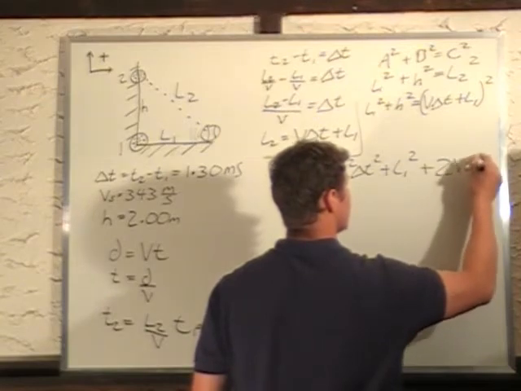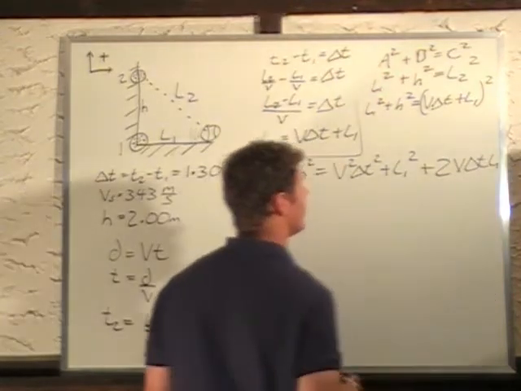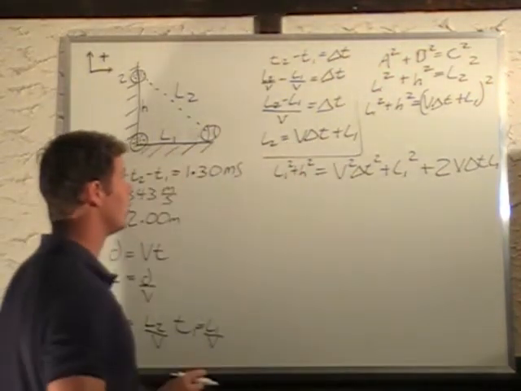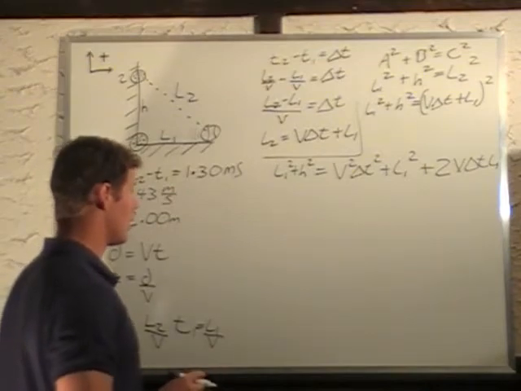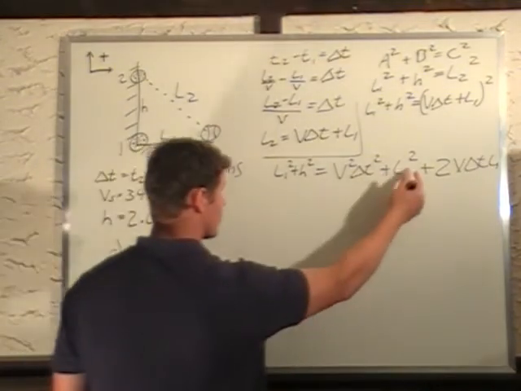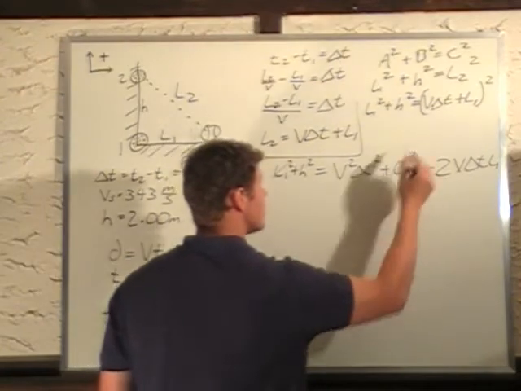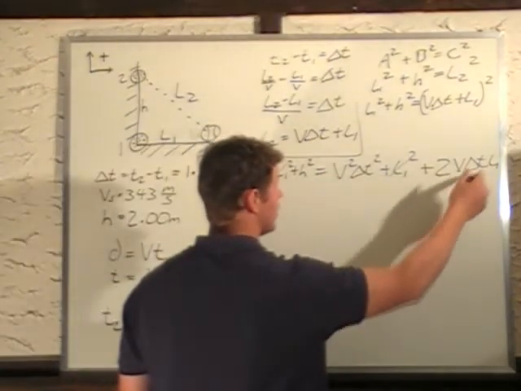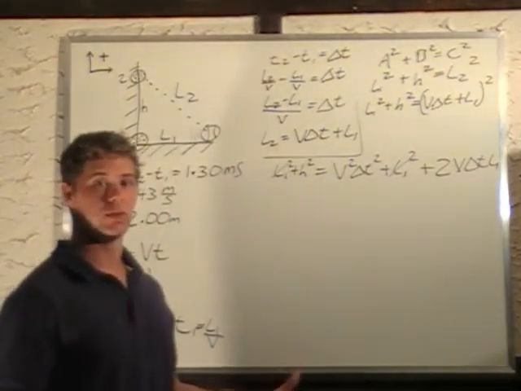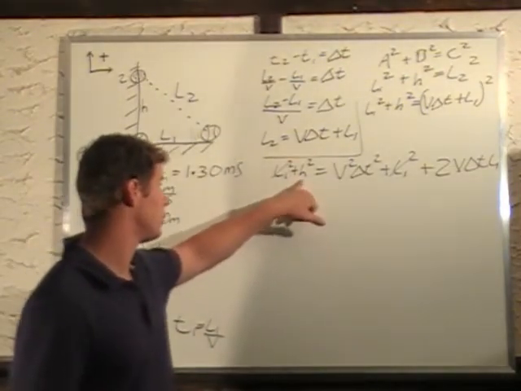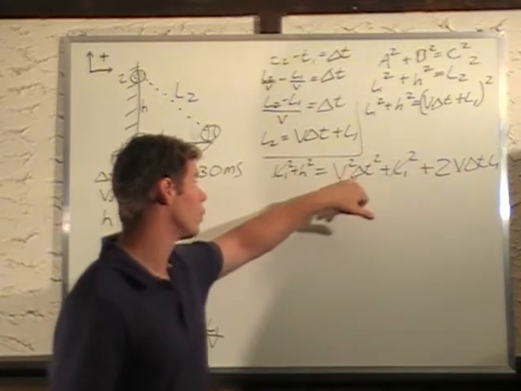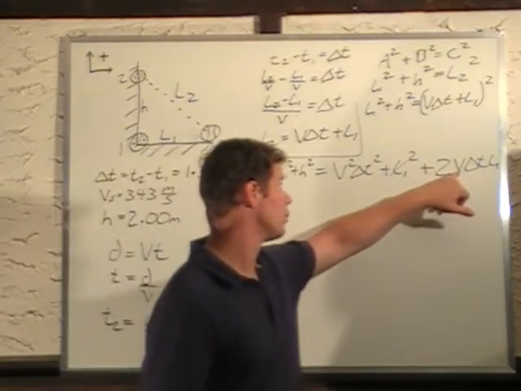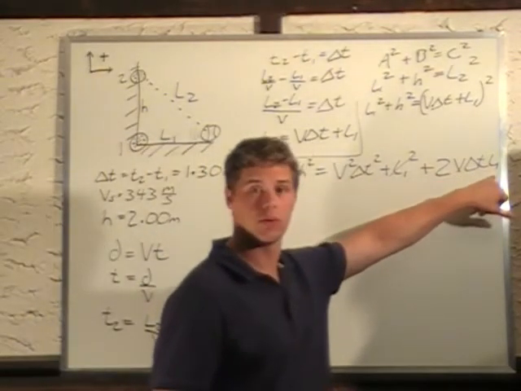Now I can do some canceling. I can subtract L1 squared from both sides. So I'm left with H squared equals V squared delta T squared plus 2V delta T L1. Now let's look at what we do and do not know. We know height, we know V, we know delta T. The only thing we don't know is L1.